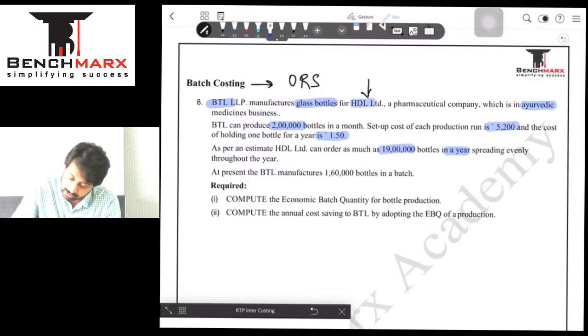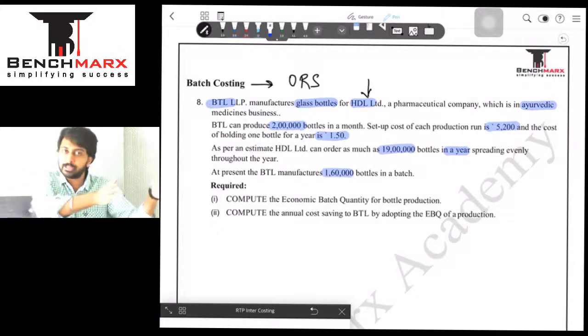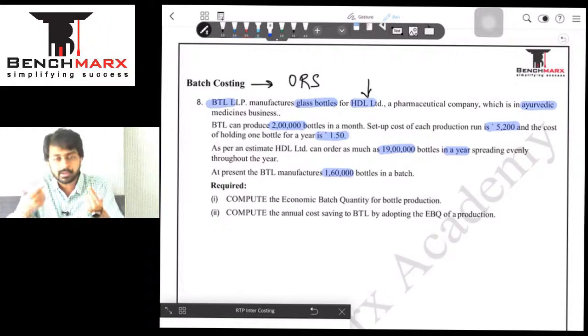Okay, moving ahead. Spread evenly in there. At present BTL, meaning us, we are manufacturing 160 bottles in a batch. Now this is more like a random quantity which may not be the optimum run size. Like the way we can purchase a non-EOQ quantity, we as a company can manufacture a non-ORS batch size as well.